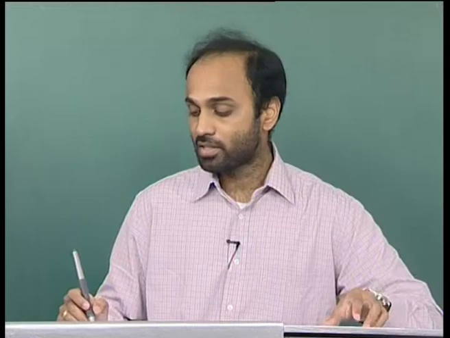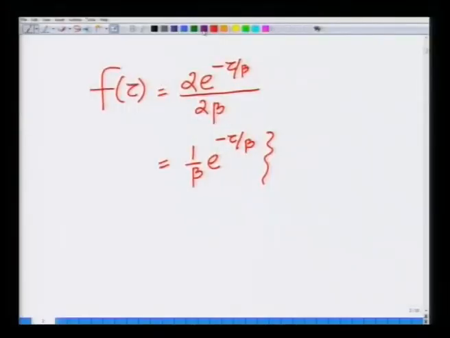All right, so this is the fractional power profile. This is the fraction of the power that is received as a function of the delay tau.